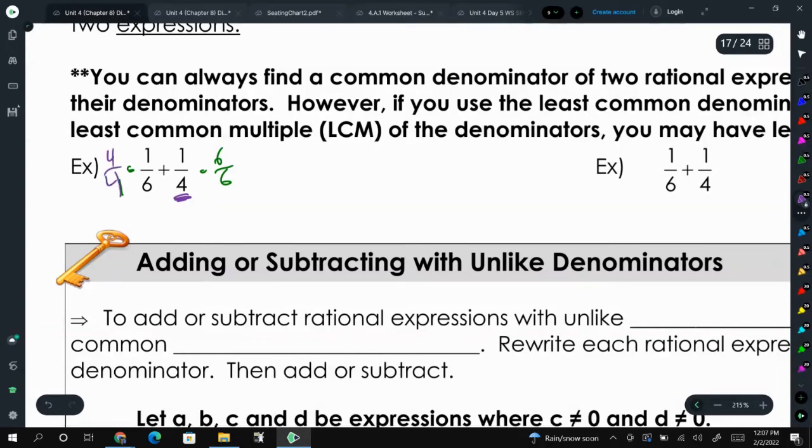Let's use these colors. And you would have to do some more simplifying. So if I did that here, I would get 4 over 24 plus 6 over 24, which would be 10 over 24, and that would reduce to 5 over 12.